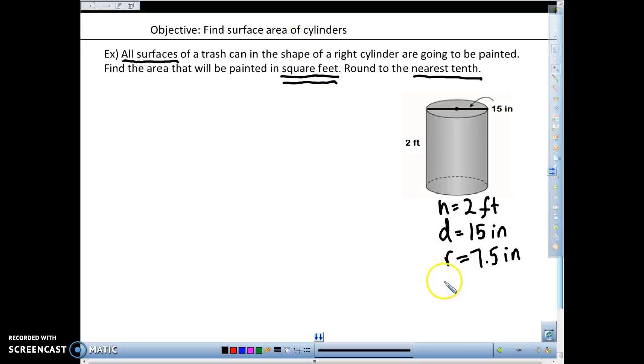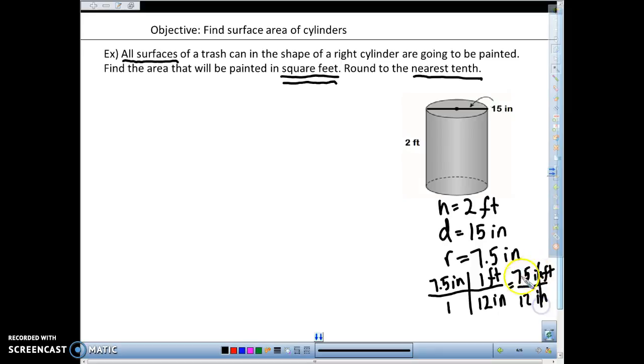So we need to convert my radius, which is 7.5 inches, into feet. The conversion between inches and feet is 12 inches per 1 foot. Remember, you put your inches on the bottom because we multiply straight across, and we want our inches to cancel. So this will give us 7.5 inches times feet, divided by 12 inches.